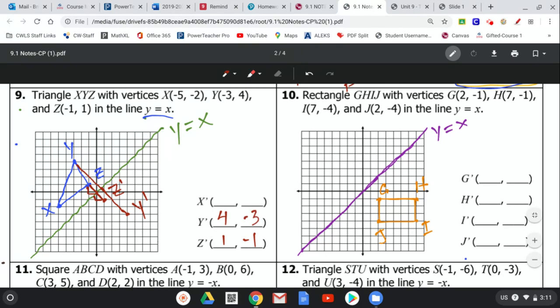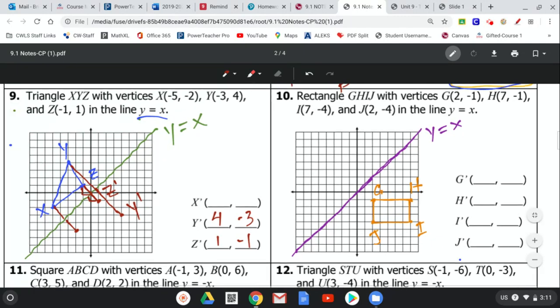The last one is x. X is going to be 1.5 units away. So we're going to go 1 and a half units away. That's going to give us our coordinate for x prime. So then we just connect, and I'm going to try and erase some of this stuff here.